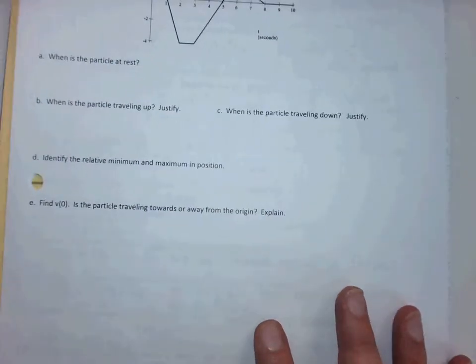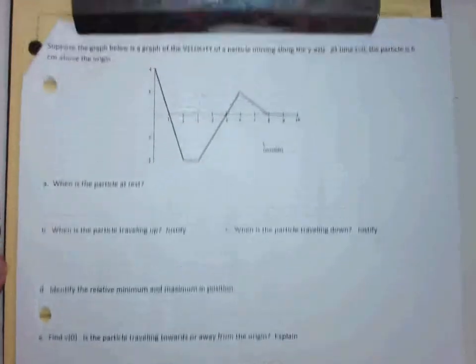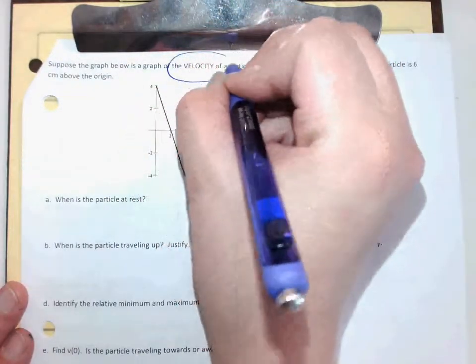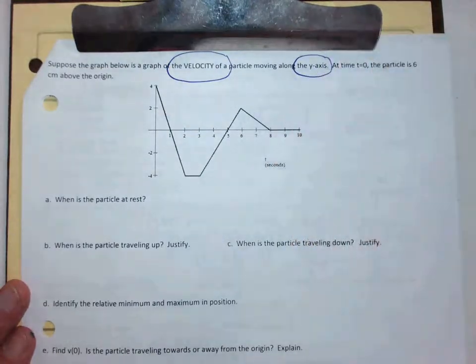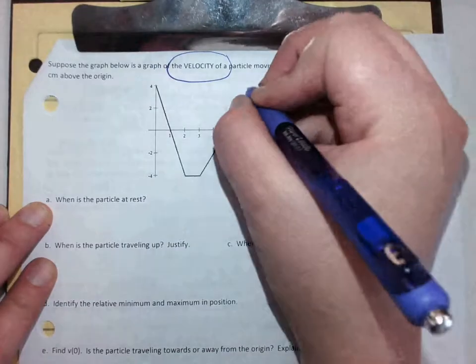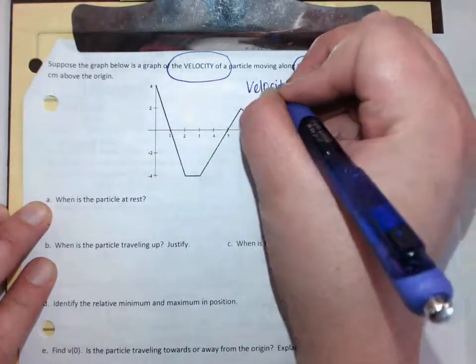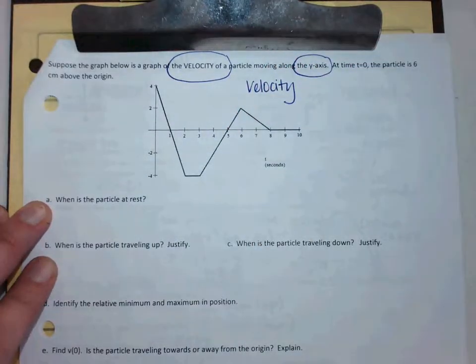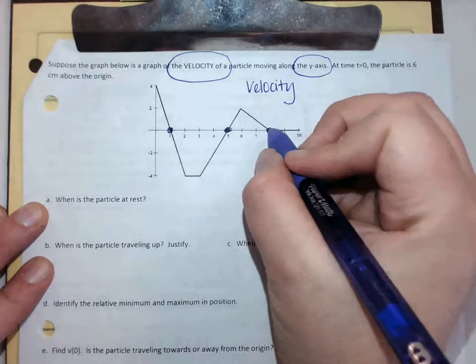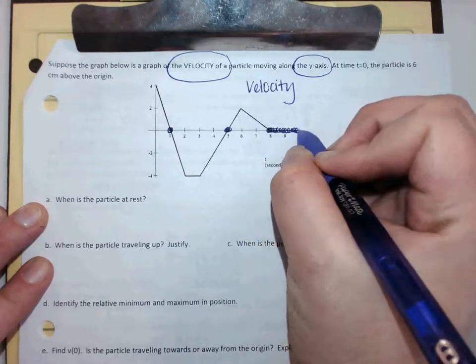What is this a graph of? Velocity timeline. Okay, it says right here, this is a velocity graph for a particle on the y-axis. When is the particle at rest? This is velocity. 1, 5, 8 through 10.